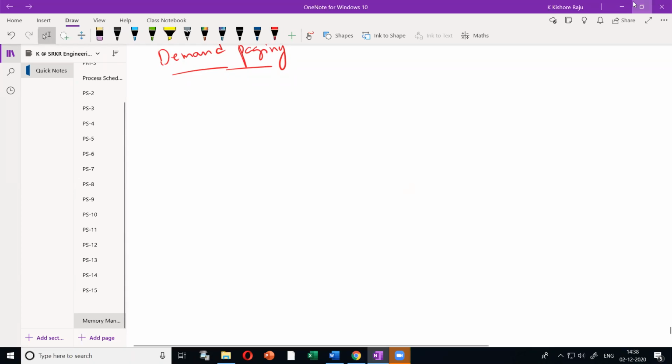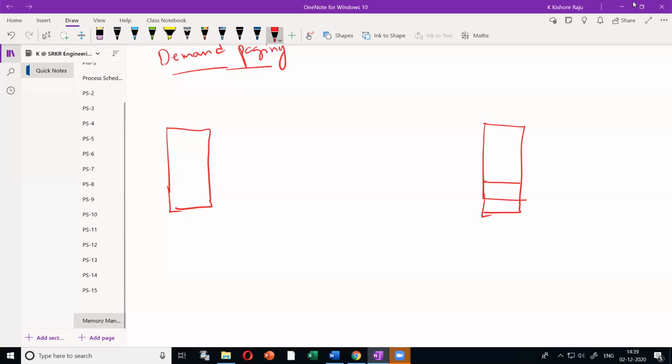Till now we discussed paging. If the process is there and the main memory is there, first the process is divided into pages, and the main memory is divided into frames: F0, F1, F2, F3, and F4.